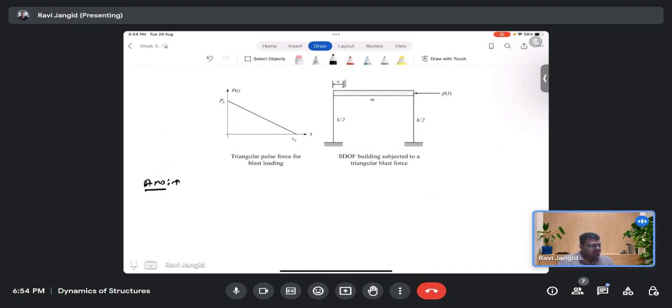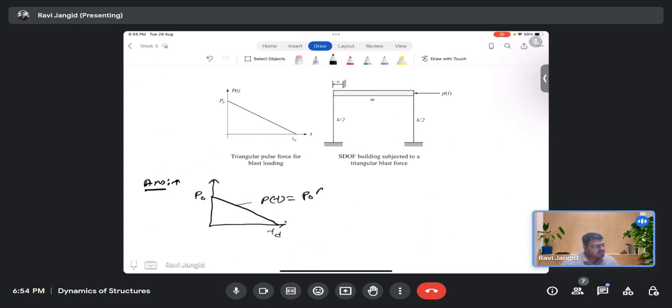So we have been given the impulse with t d and p naught. How can I write it? Can you tell me the function of p t?